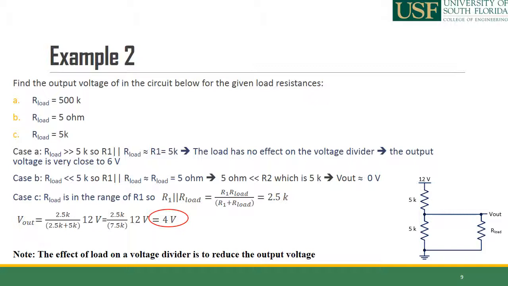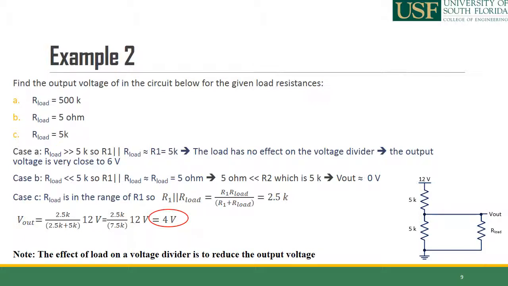And in case C, when our load is 5 kilo ohm, because it's comparable to R1, the voltage at the output is now less than 6 volt, bringing down the voltage of the voltage divider from 6 volt to 4 volt when the output of the circuit is loaded. So the important note on this example is that the effect of the load on a voltage divider is to reduce the output voltage.